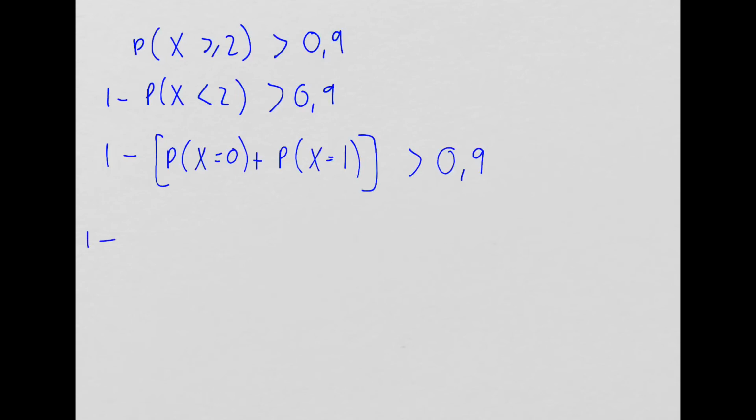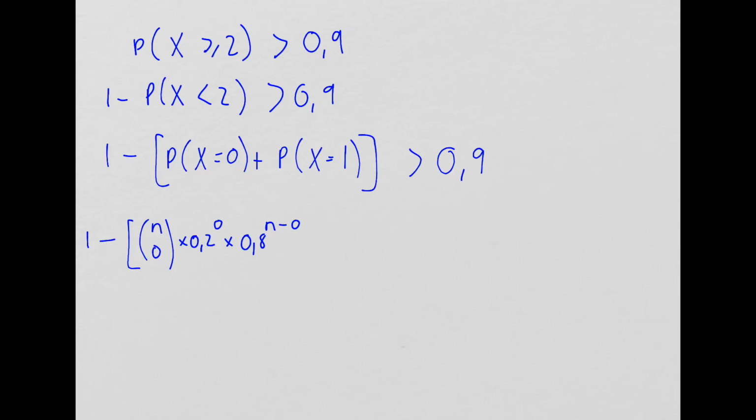Firstly, the probability that X is equal to 0 will be n choose 0, remember there are n trials, times 0.2, that's our 1 over 5, to the power of 0, times 0.8 to the n minus 0, again because these two exponents must add up to the number of trials.